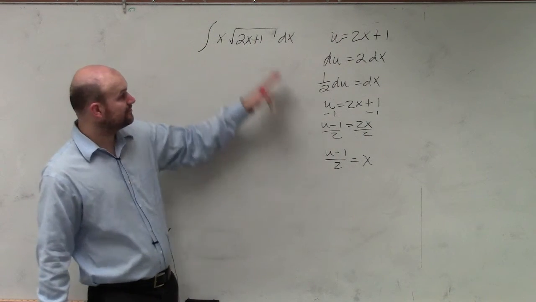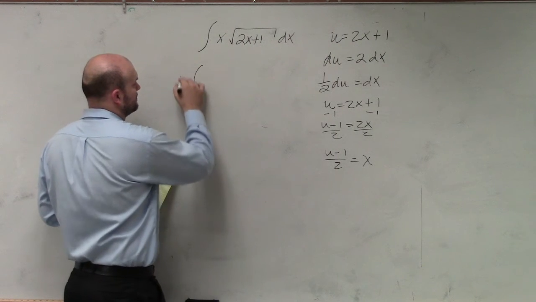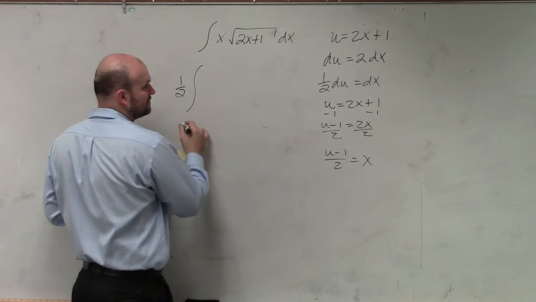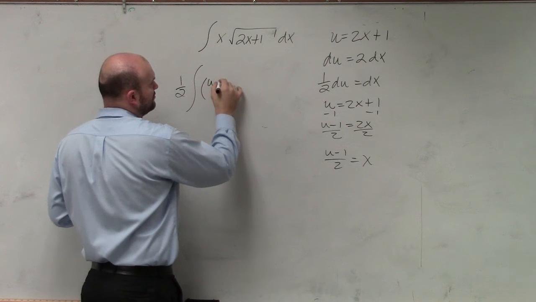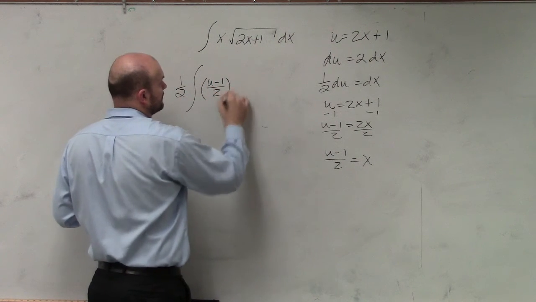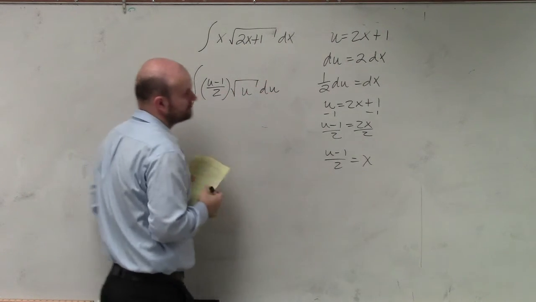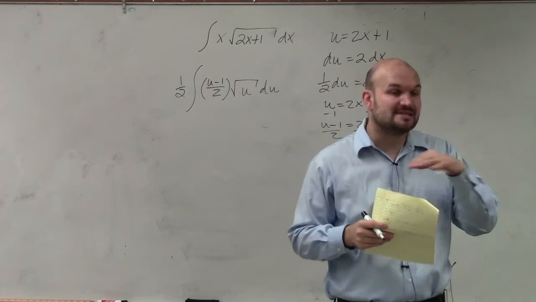Now, when I go back to rewrite my equation in terms of u, I have my 1/2. I'm going to write my x as u minus 1, divided by 2 times the square root of u du.